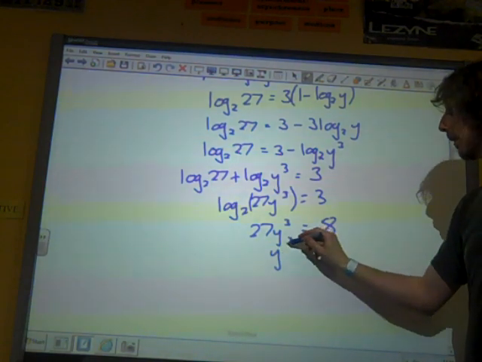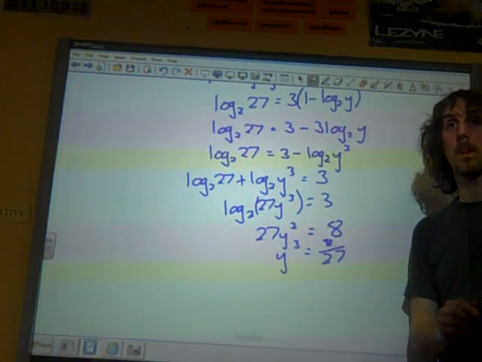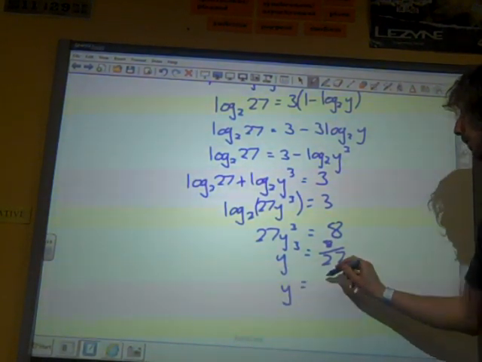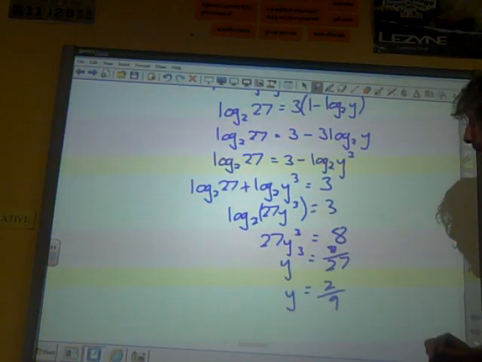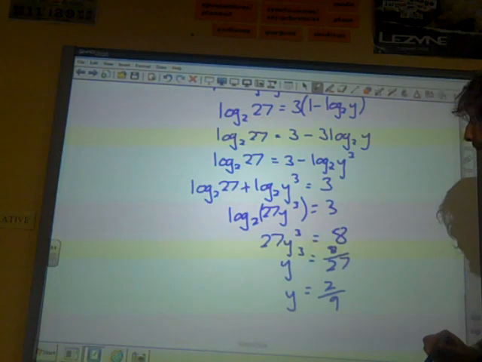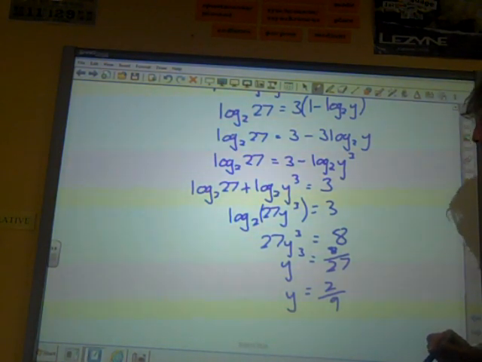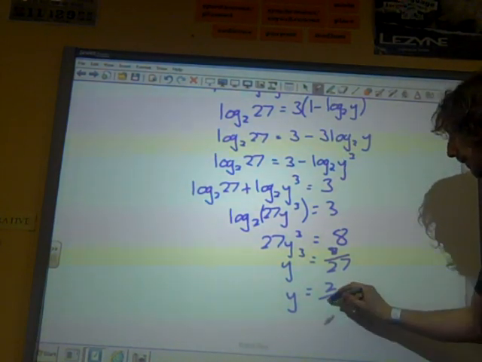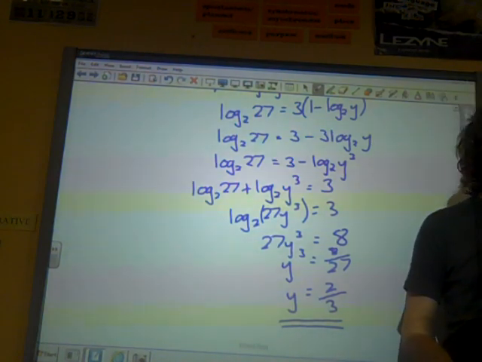Divide by the 27. And finally cube root it. And we've got y as being... Is that right there? Oh, of course it is. Got y being 2/3.